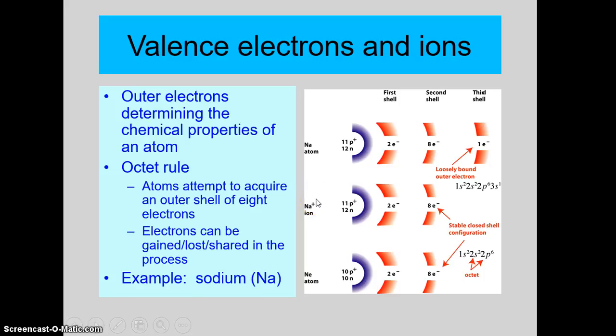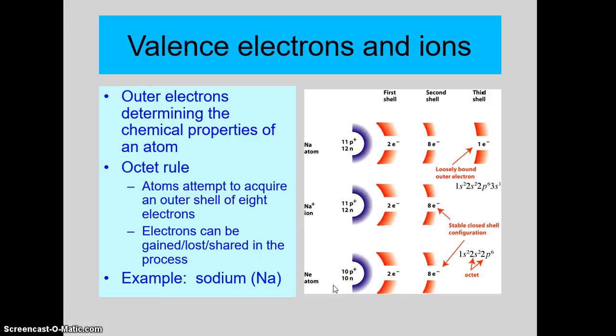Okay, so non-metals tend to gain electrons, like fluorine, for example, will gain one electron and will be a negative ion. All right, so if you look at the electron configuration of the sodium ion, once it's lost that one electron, it actually looks identical to the neon atom.